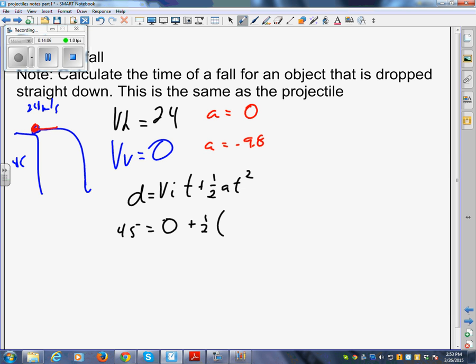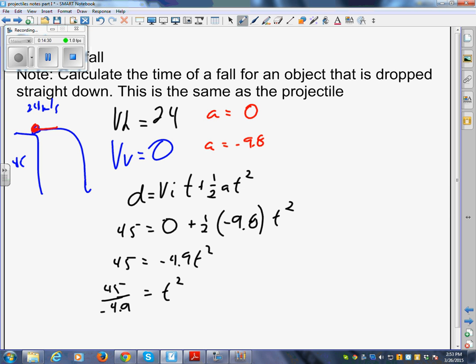What's my vertical acceleration? Do I have an uh-oh?